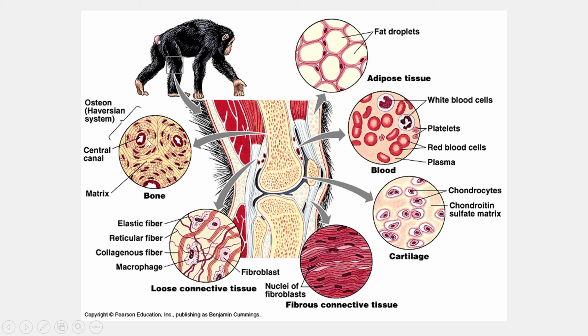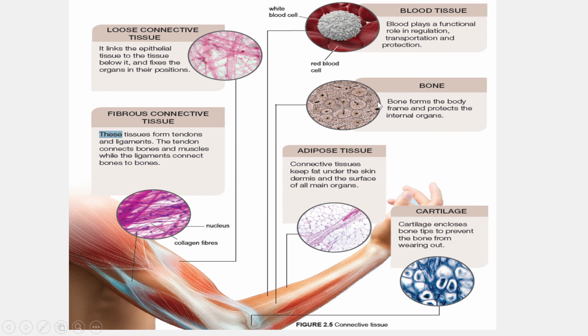Okay, you may need to be able to identify the structure by the picture itself. Okay, again, the functions. Cartilage encloses the bone tip. Okay, yang putih itu, yang rawan itu. Okay, to prevent bone from wearing out.